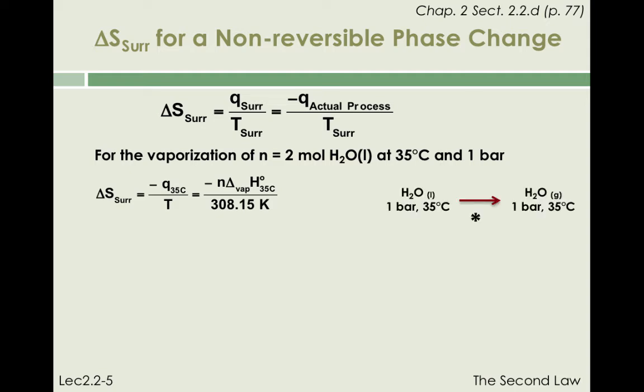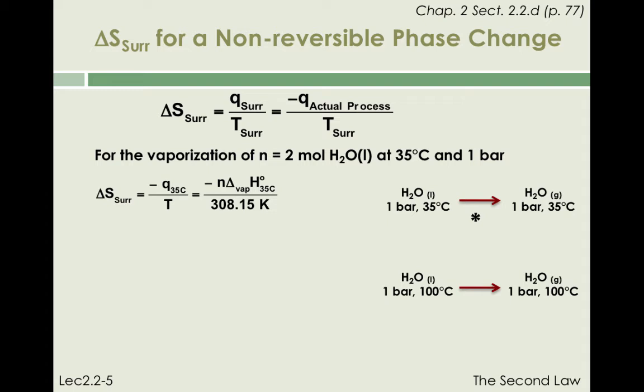With the cycle method, we first write the actual process, that is, vaporization of water at 1 bar and 35 degrees Celsius. We call that process star. Then, below that, we write the same process under conditions for which we know the value of delta H standard. Here, we chose to write the vaporization of water at 100 degrees Celsius.